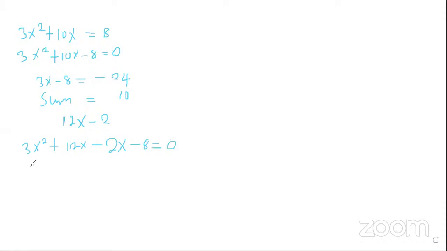Now I pair two values with their signs. I will pair 3x squared plus 12x. I put them in a bracket. I open another bracket. Okay, you open another bracket.